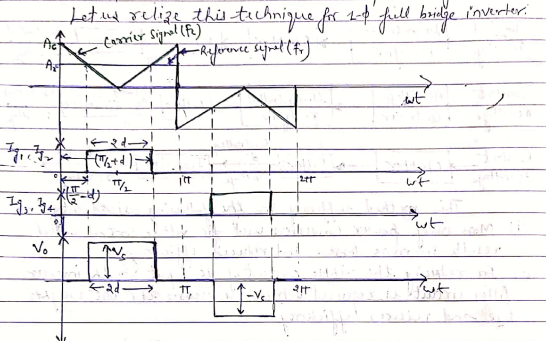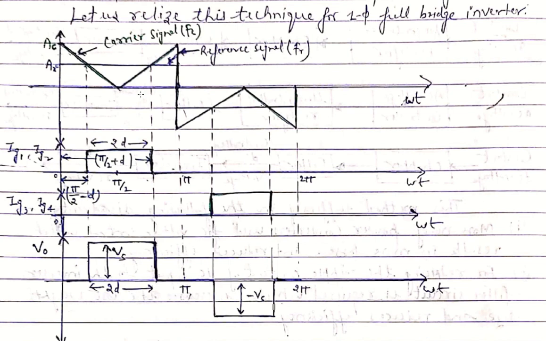So two signals are there, one is the carrier signal, the second one is the reference signal. The carrier signal is triangular in nature and the reference signal is rectangular in nature. The carrier signal has a frequency of Fc and magnitude of Ac, and at the same time the reference signal has a frequency of Fr and amplitude of Ar, as denoted in this waveform.